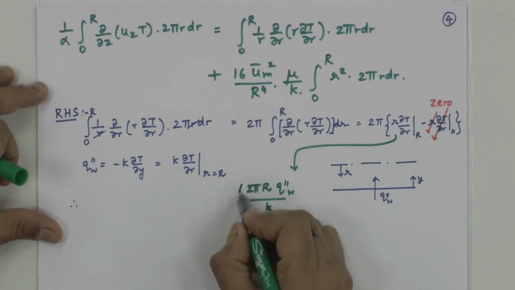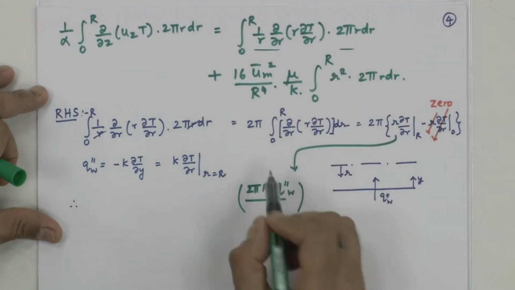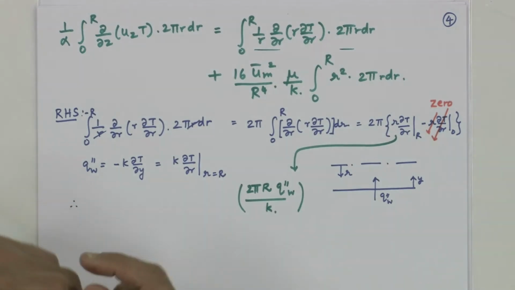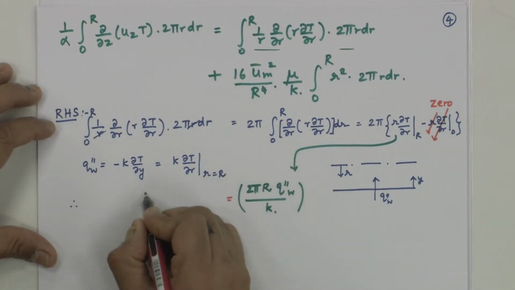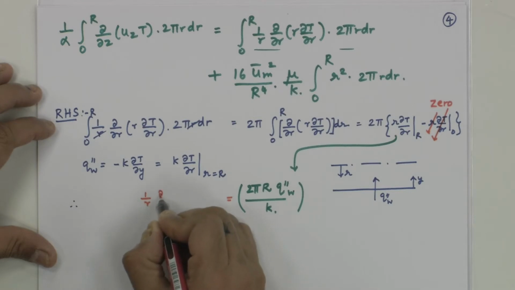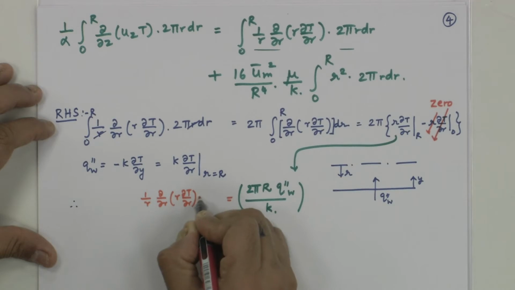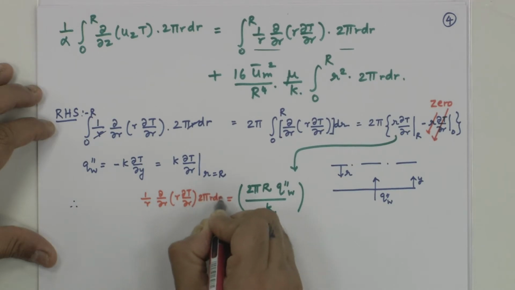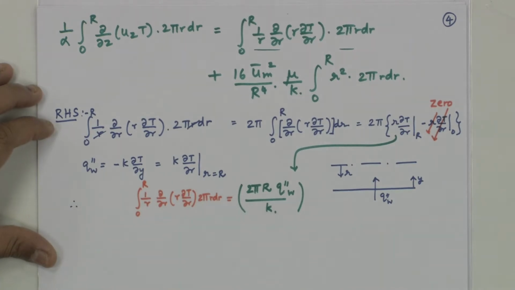So, this integrand becomes this quantity. So, the integral from 0 to capital R of 1 by r d by dr of r dT by dr times 2 pi r dr ends up being this term.